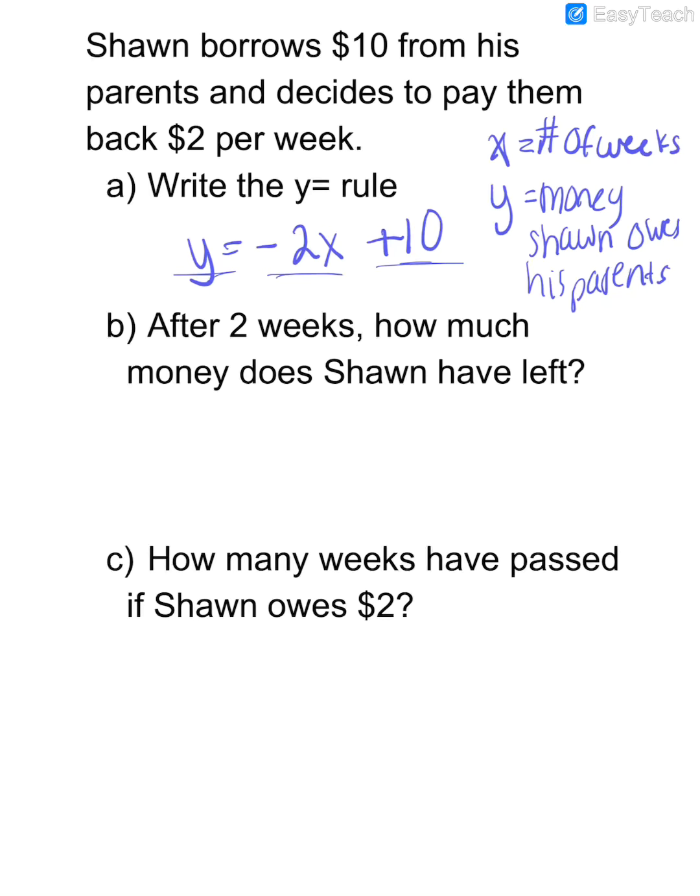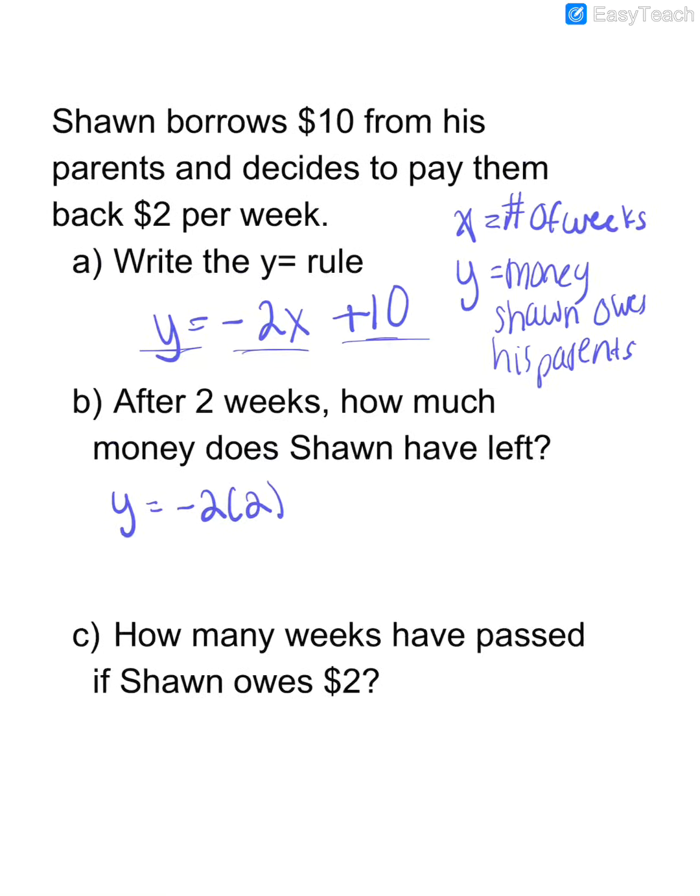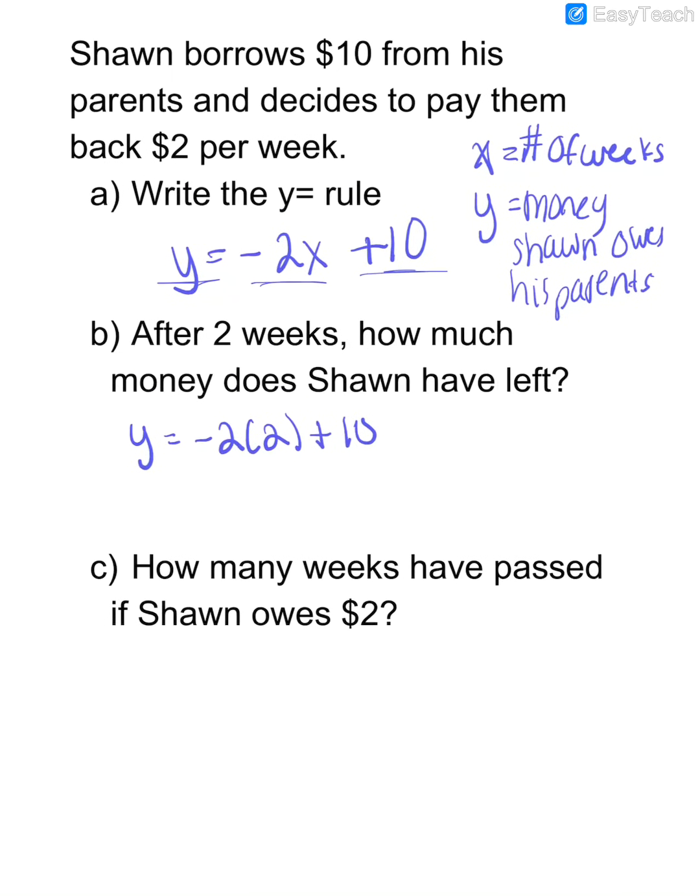So after 2 weeks, how much money does Sean have left? So we know that our x is our number of weeks. So we're going to put 2 in for x. So it's $6, okay?